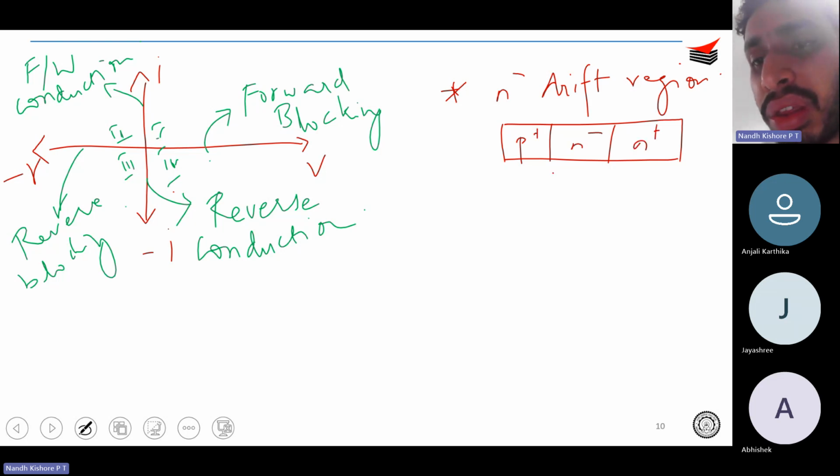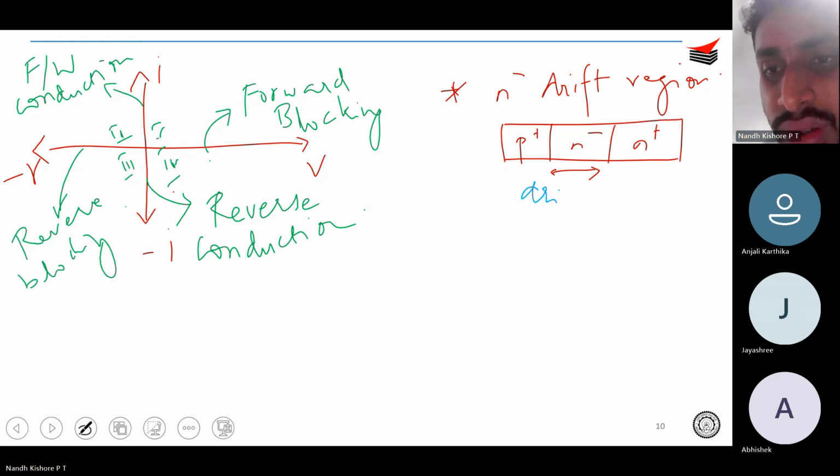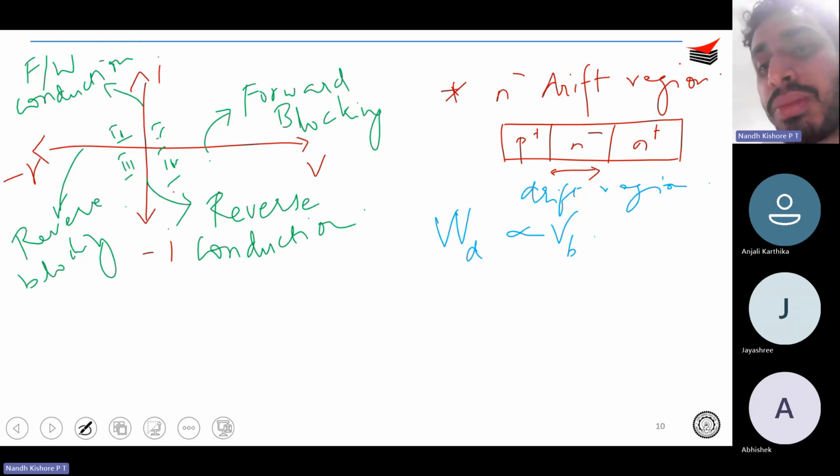This N minus is your drift region. The width of the drift region, WD, is proportional to your blocking voltage. The more the width of the drift region, the more the blocking voltage. That's how people manufacture 650 volt, 900 volt, or 1200, 1700 volt devices.